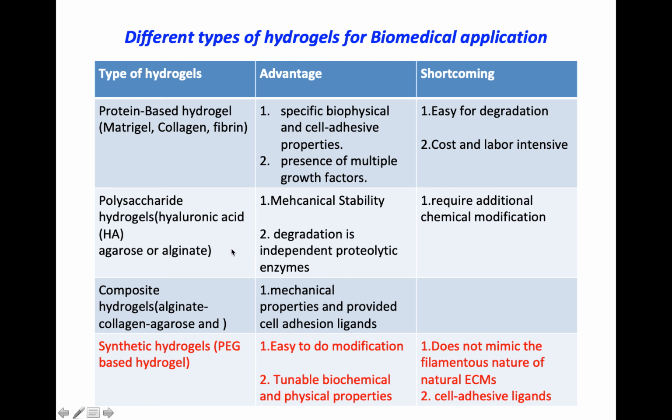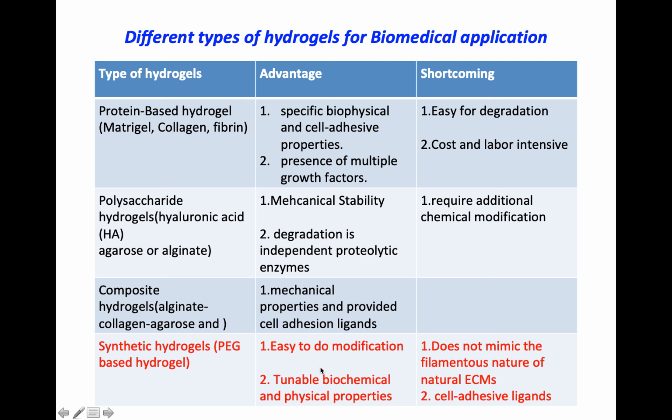Whatever kind of hydrogel, it has advantages or disadvantages, right? The reason why we choose the PEGDA hydrogel is, first of all, because it is easy to do modification on the surface, right?